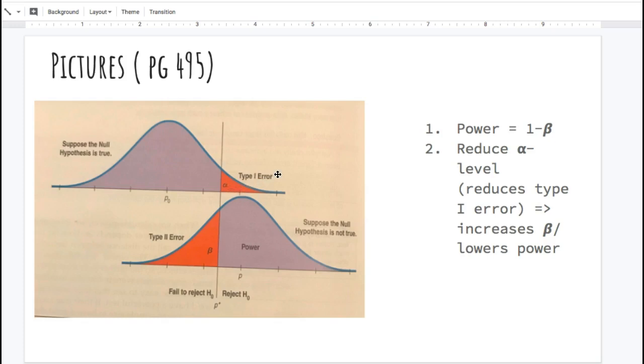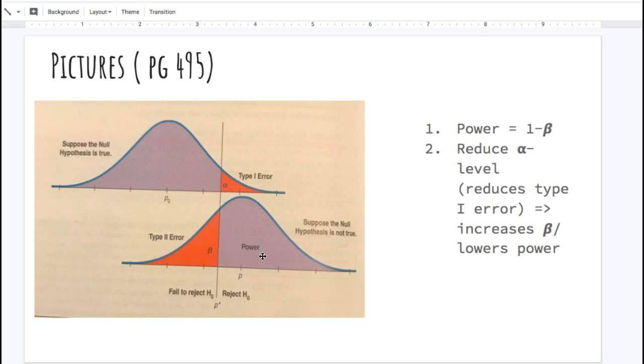And then here, you're going to see this alpha. Remember, that's my probability of making a type 1 error. So this is where I cut off. The reason that this would be making an error is, look, here's where the actual true proportion is. And then I have my type 2 error, the probability of which we call beta. The first thing you want to make sure you understand is that power is equal to 1 minus beta.